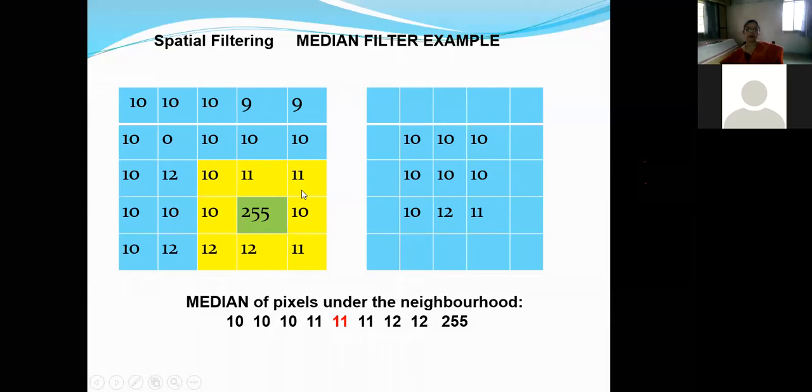Now, instead of the median filter, for this same location, if you apply the standard averaging filter, tell me what is the resultant value. What is the new value of this original pixel with value 255?